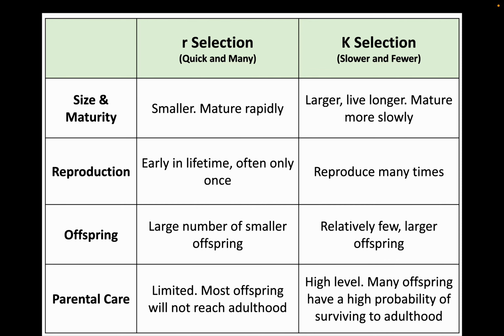So in terms of R selection, the idea of this is almost like going back to the idea of different types of weed in higher biology. You're looking at the quick and many strategy. So it's almost like the sperm of the animal kingdom here. You're going to have smaller organisms that are going to reach maturity very, very quickly. They're going to reproduce as quickly as possible.